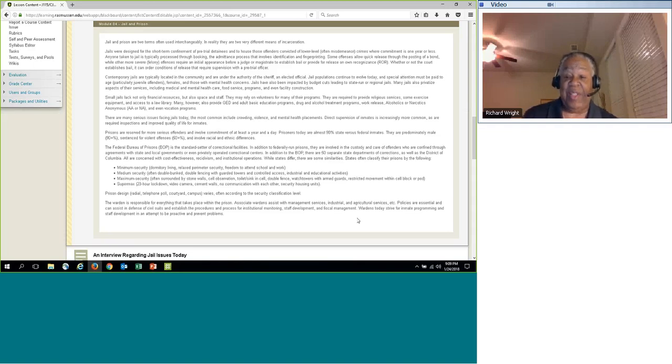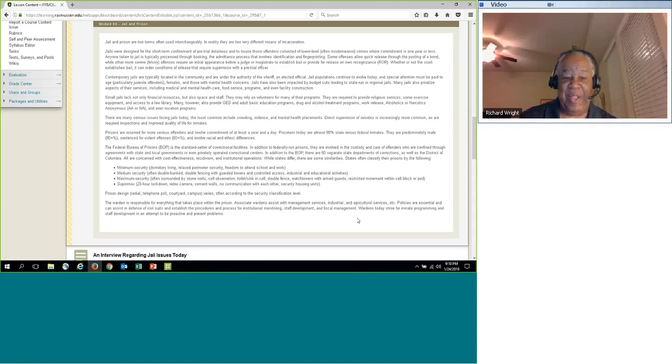Now, it says here prisoners today are almost 90% state versus federal. And that's true because the crimes that generally are committed are state crimes as opposed to federal crimes. And so we're primarily focused on state prisons. Sometimes we deal with federal prisons.